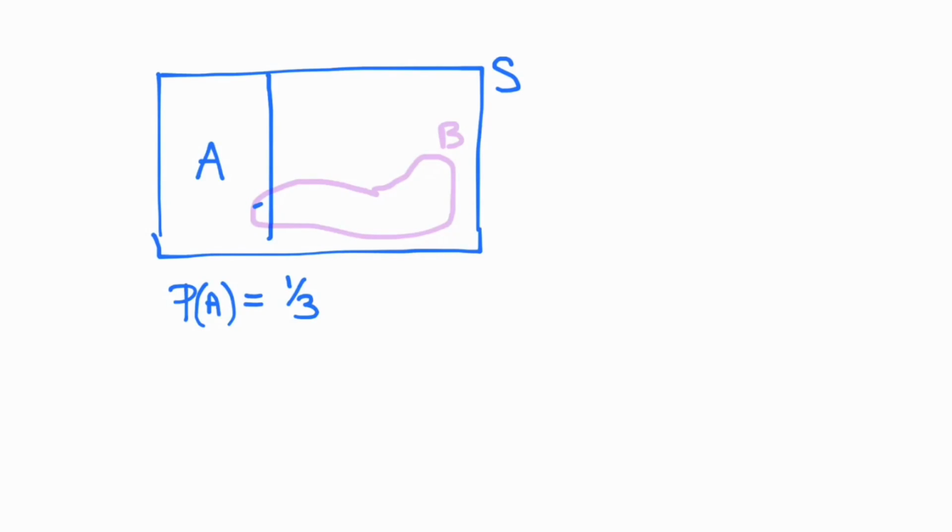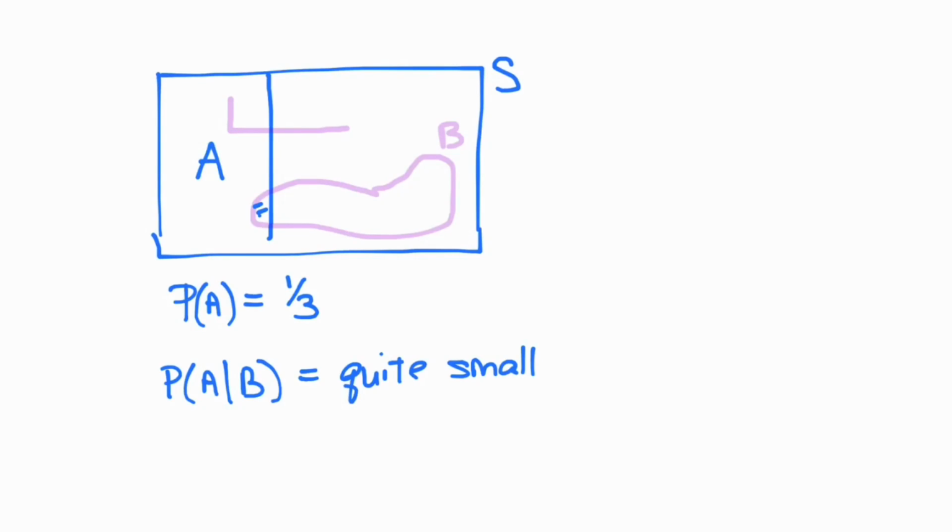It's just this part. Right? So the way I've drawn it, the probability of A given B is quite small. And so in this case, A and B are not independent, because knowing that B has occurred changes the probability of A. Now, suppose I have an event C that looks like this.